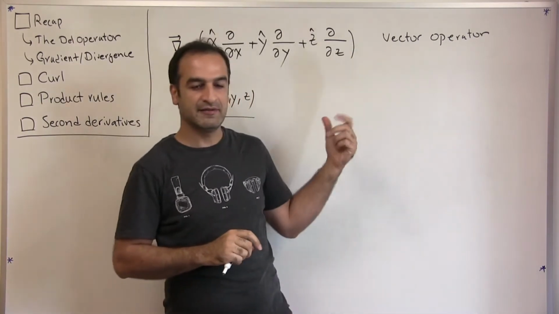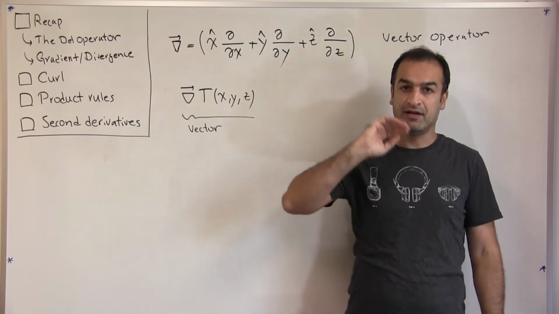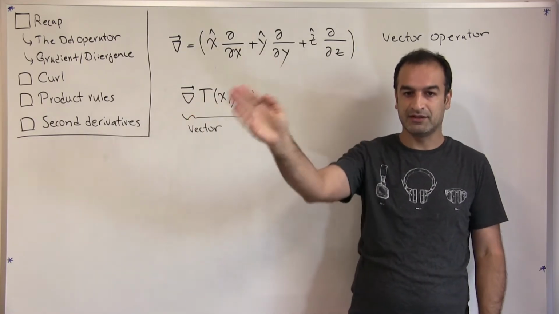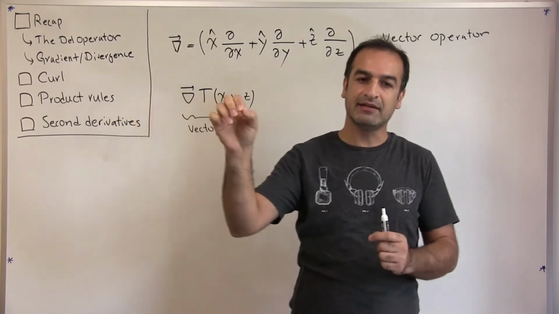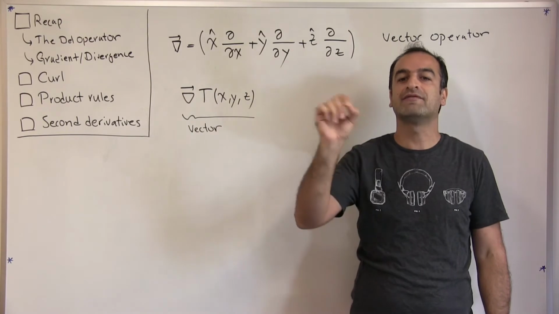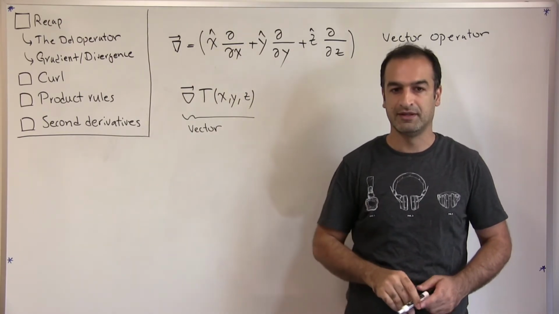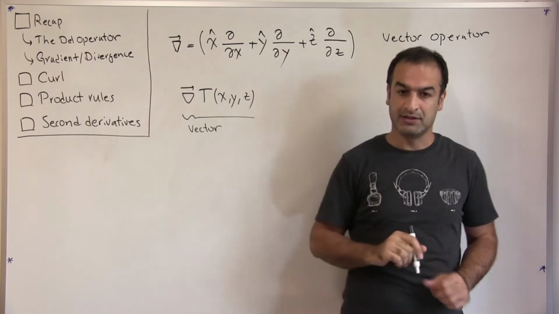So the gradient of T shows the direction of the greatest change, what direction you should move to see the greatest change. And the magnitude is going to tell you how fast, the rate of change you're going to observe. That is the concept of gradients.